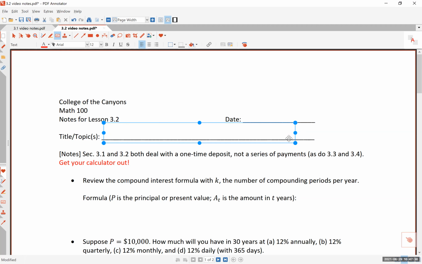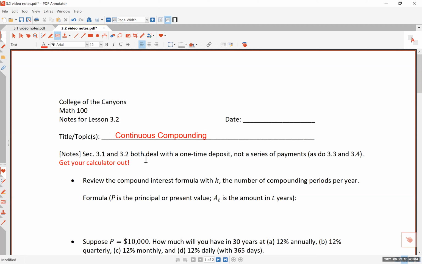Section 3.2 is on, and the first word is important, continuous compounding. We are still talking about mathematics of finance, and we are talking about compounding interest. In particular, there is this thing called compounding continuously. As I said before, it is not monthly, it is not daily, but it's more frequent.